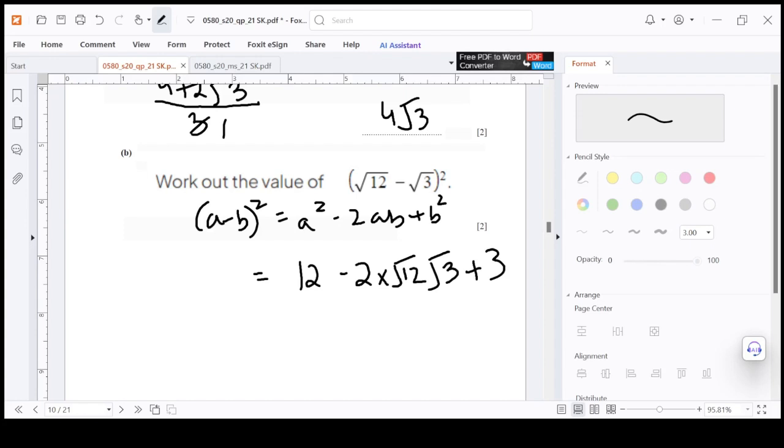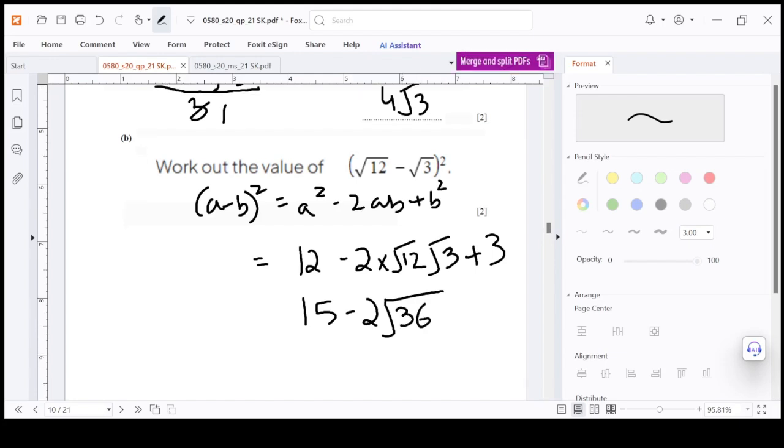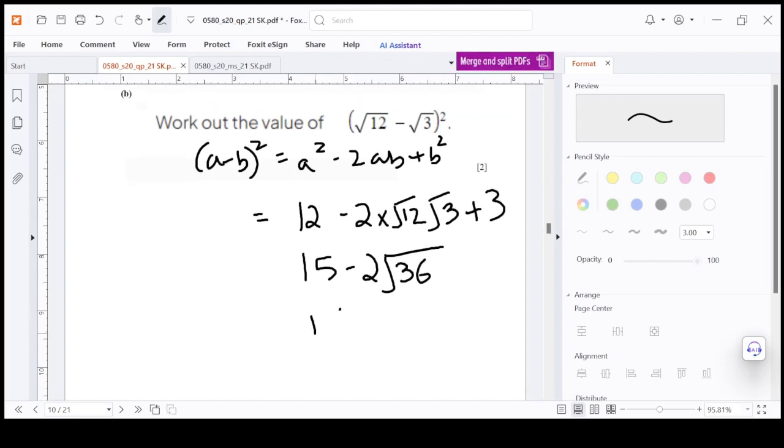So we have 12 plus 3 is 15, minus 2 times these two multiplied. 12 times 3 would be 36, and we know square root of 36 is 6. So that's a 12, which gives us a 3. So 3 is the final answer.